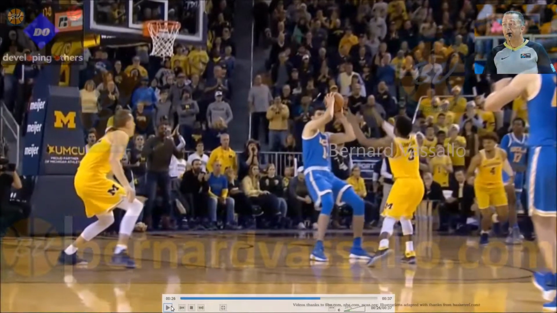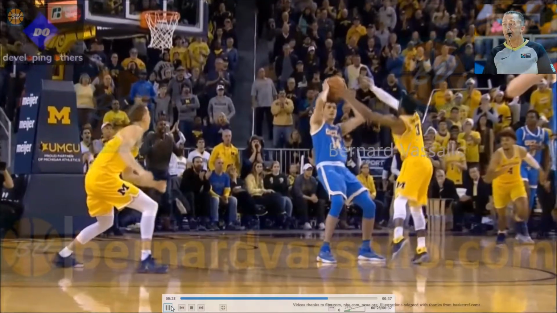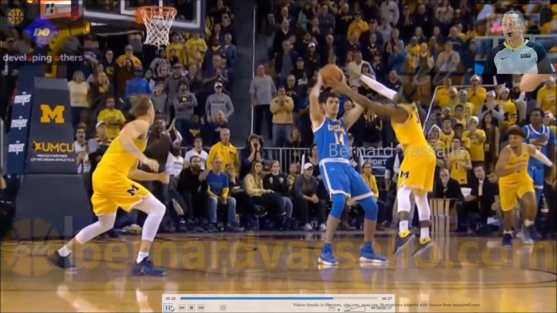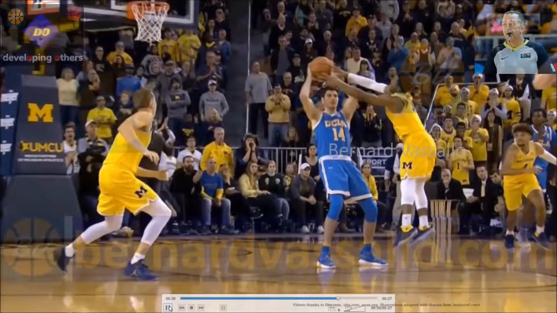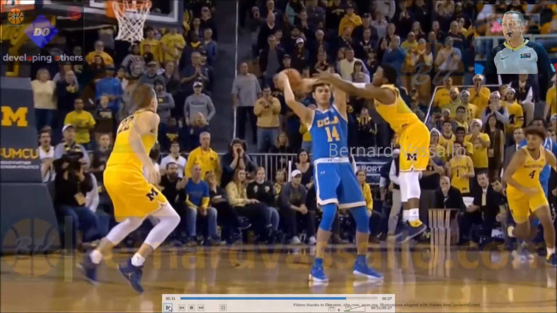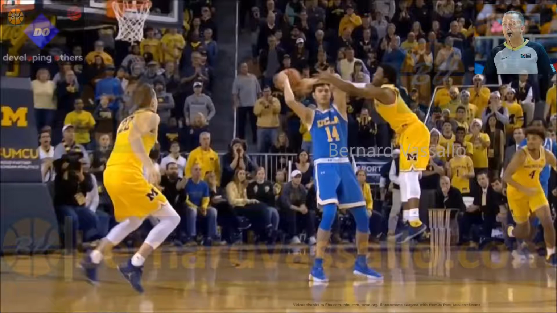We're going to see here the player in yellow touching the ball and hand on the ball. Till now everything is legal. Following that, as you could see, we have contact on the elbow of blue 14.